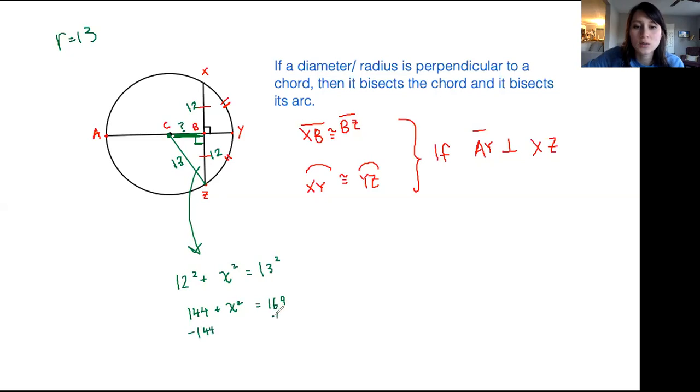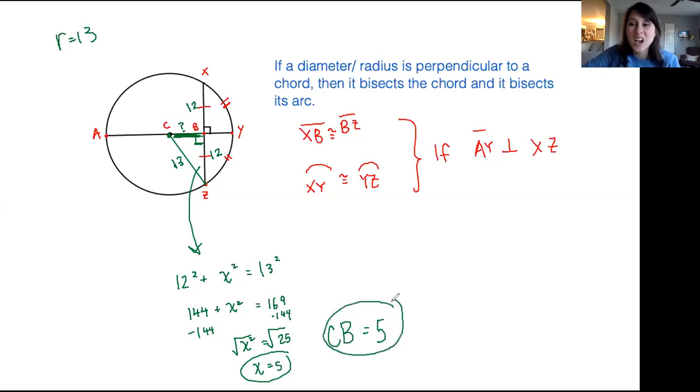Subtract 144, and x squared equals 25. 25 square rooted is 5. So CB equals 5. And I used a right triangle to help me find that. Who knew I would be using right triangles to help me find stuff with circles? But I did. So if you memorized your triples, you know this is a 5, 12, 13.